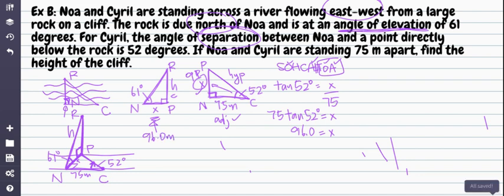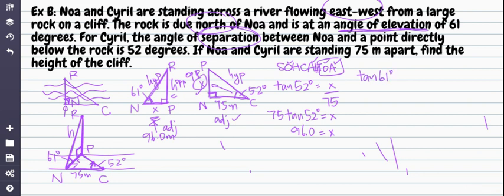So now I've got x and I want to find h using 61 degrees. H is the opposite. Across from the P is the hypotenuse, so that makes this one the adjacent. So again, I'm going to use SOHCAHTOA and see that it is tan. So the more you do this, the less you need to use that mnemonic device.